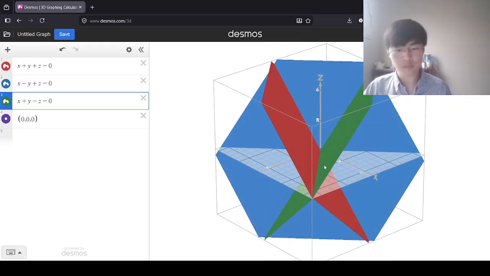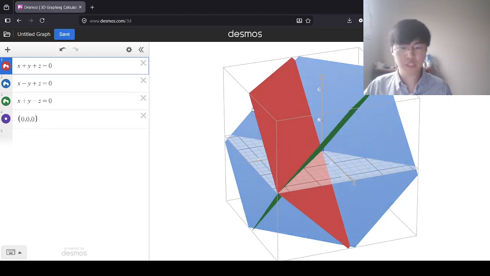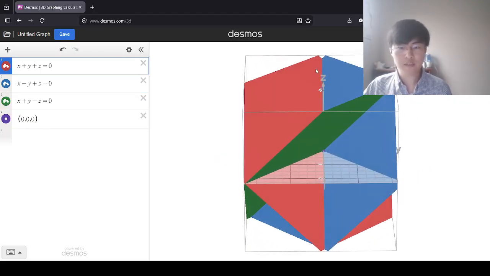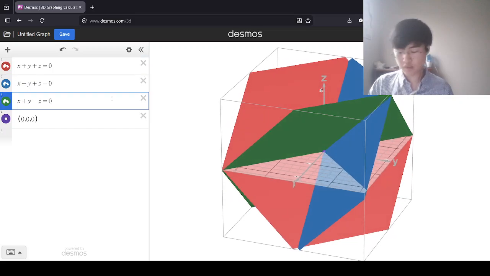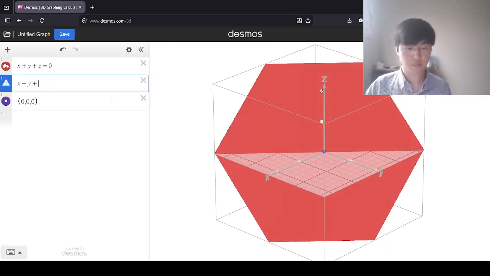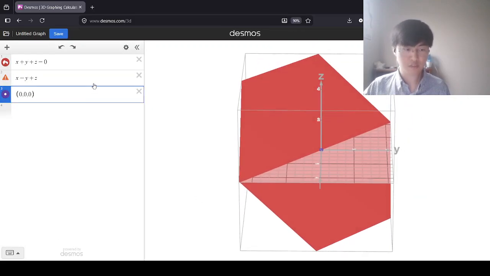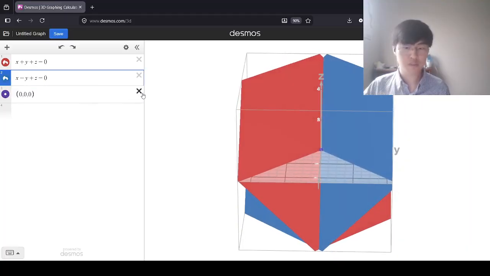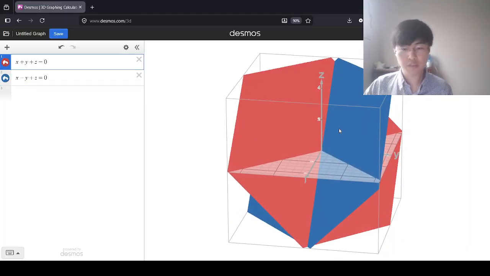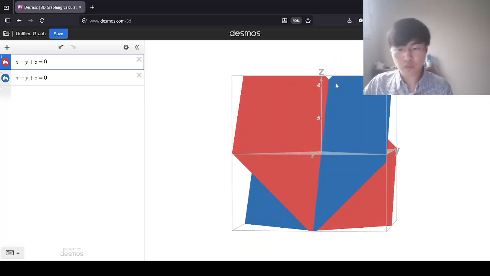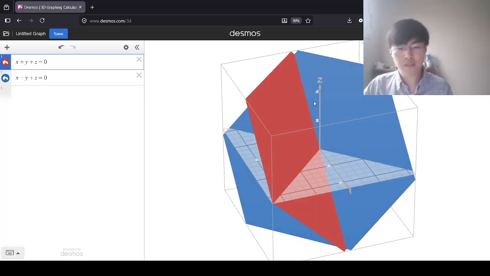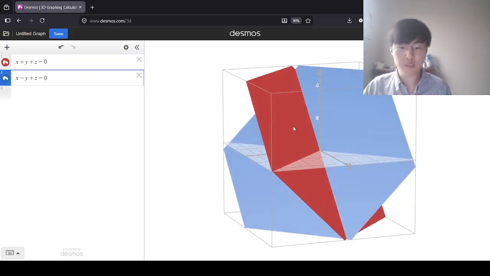Now, let's think about how we could potentially get infinite solutions even though we have three planes. The first way to think of this is, what if we have two planes? Let's start with just two planes. What would have to happen for me to add another plane and essentially keep this line?